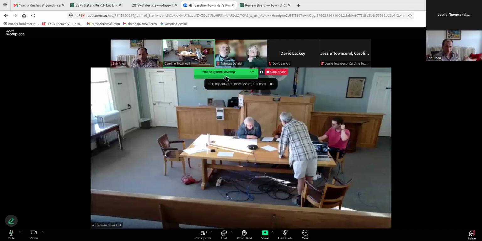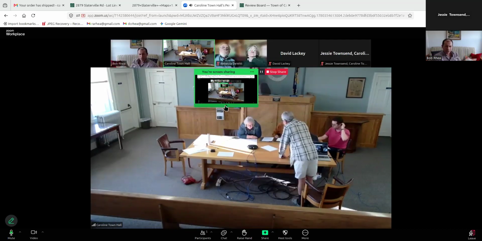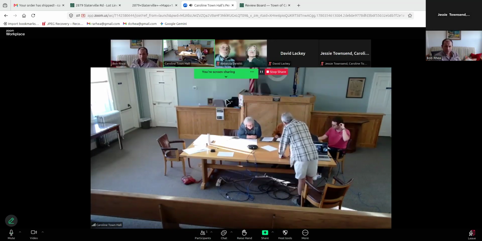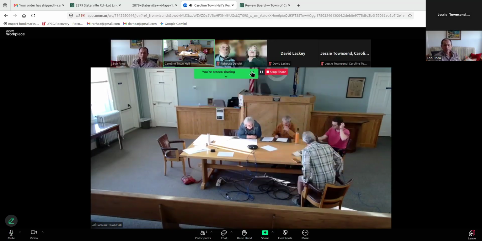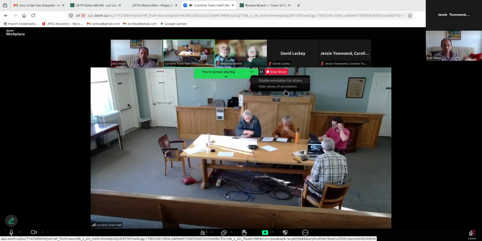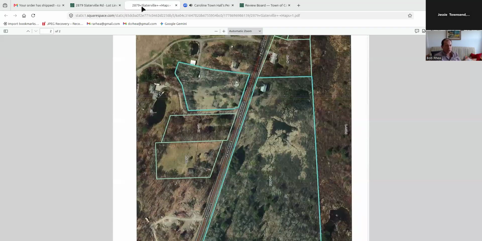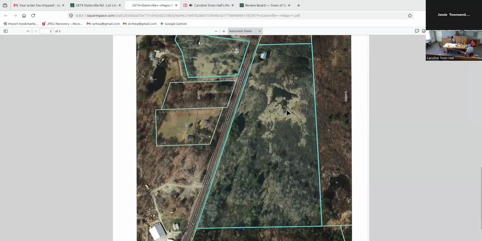And what's this? Screen sharing. Oh, I see. Stop screen sharing. Can you see a map now? Yes. Oh, okay.